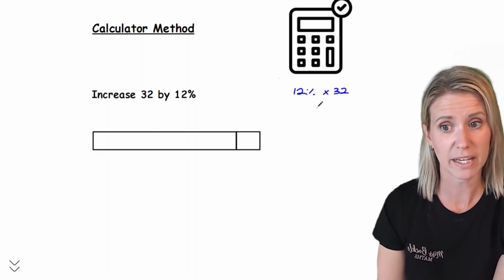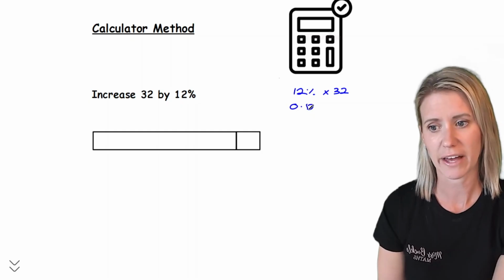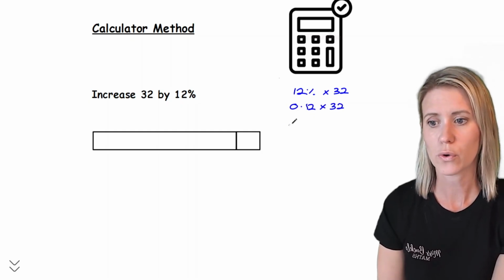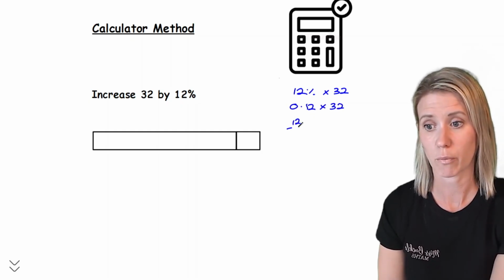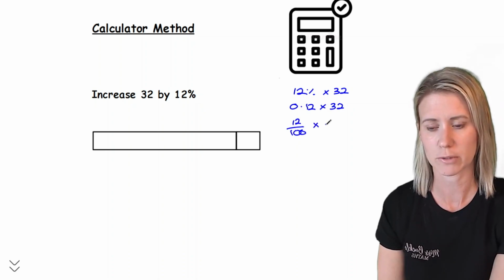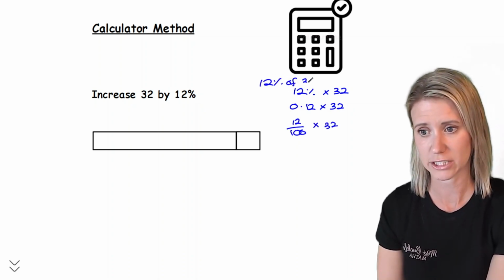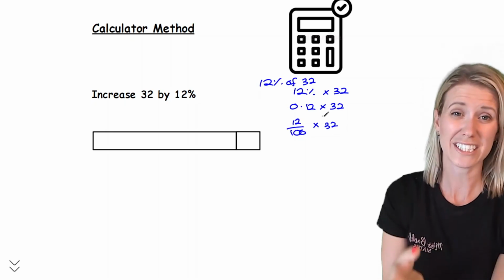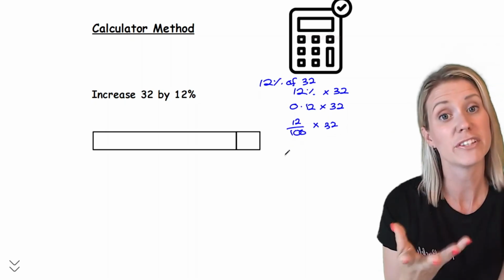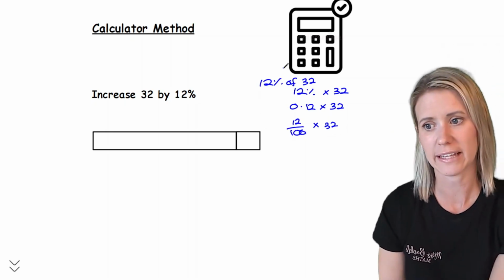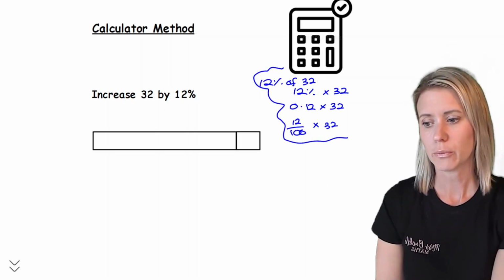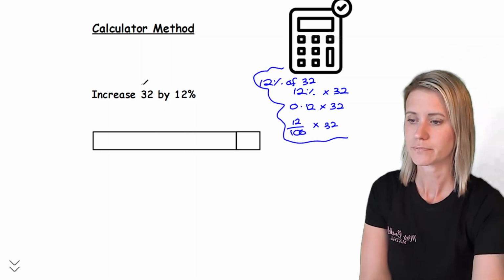So you could type 12 over 100 into your calculator multiplied by 32 to work out 12% of 32. And then you could add it on, but there's a quicker method of doing this, okay?